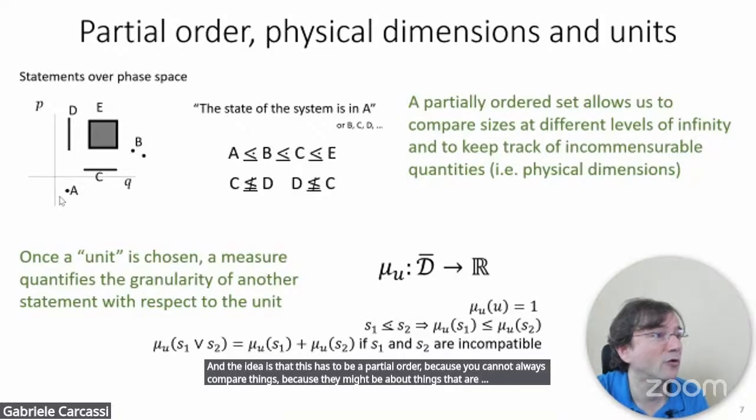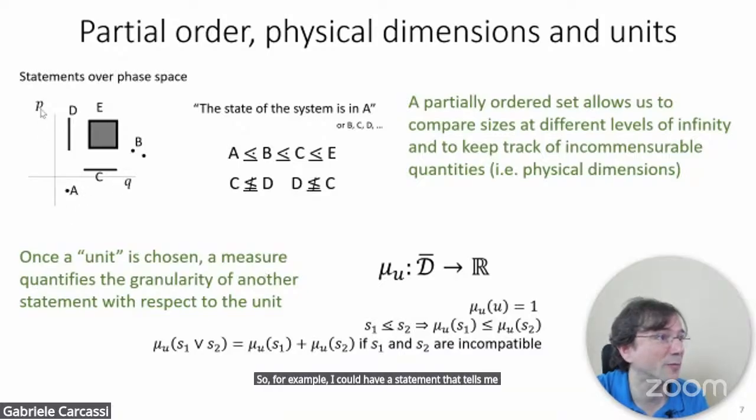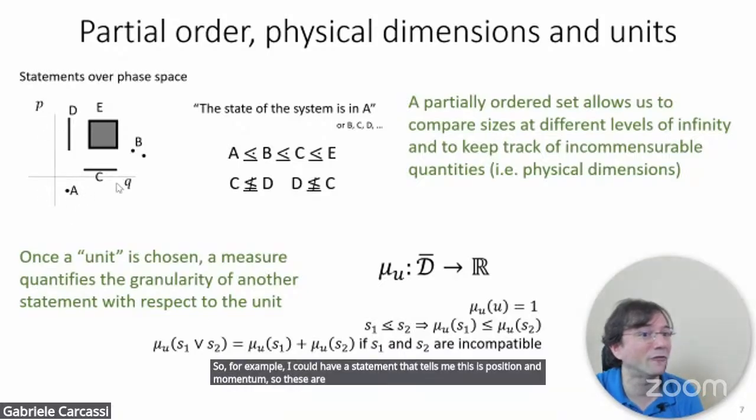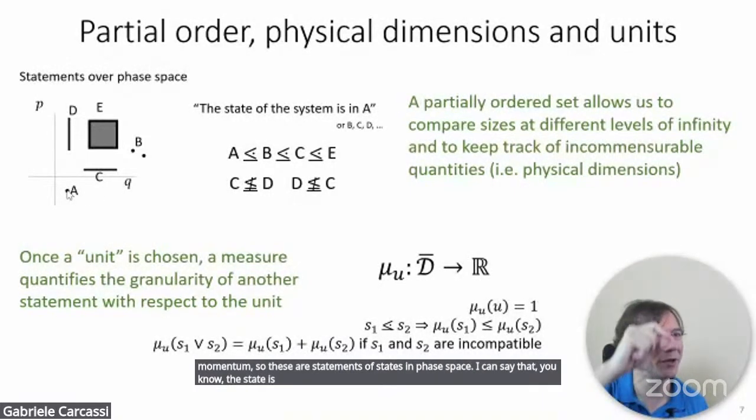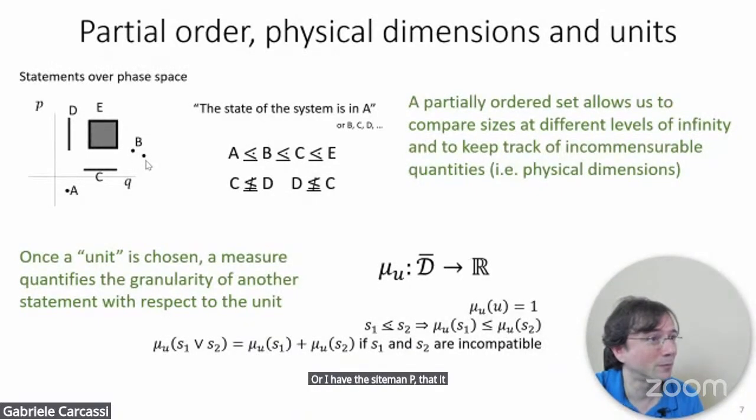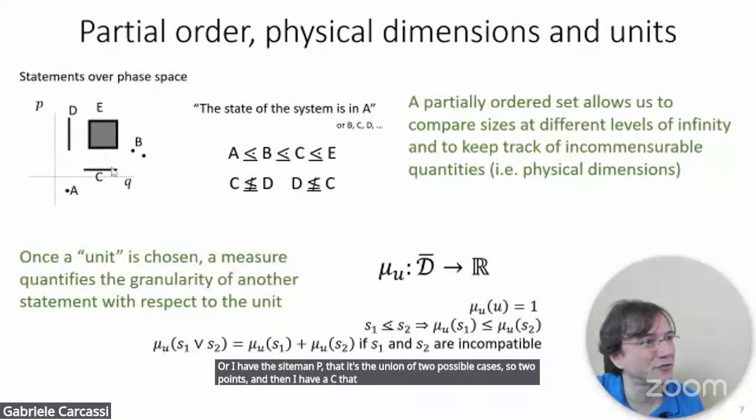So for example, I could have statements of states in phase space, position and momentum. I can say that A: the state is this point. The system is at this point. Or I have the statement B that it's the union of two possible cases, so 2 points. And then I have C that it's a possible range of position. And I have D that it's a possible range of momentum.